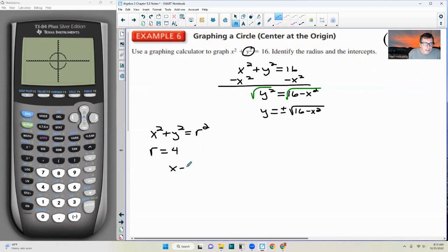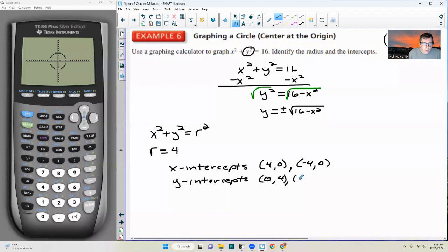And x-intercepts. There are 2. It is over 4, up 0, and left 4, up 0. The y-intercepts were over 0, up 4, and over 0, down 4.